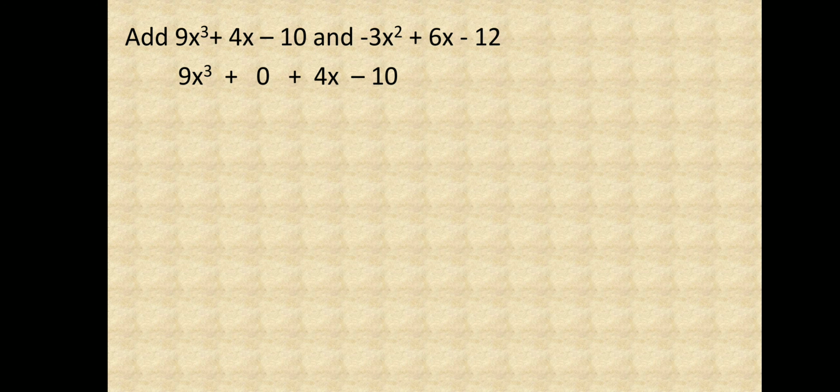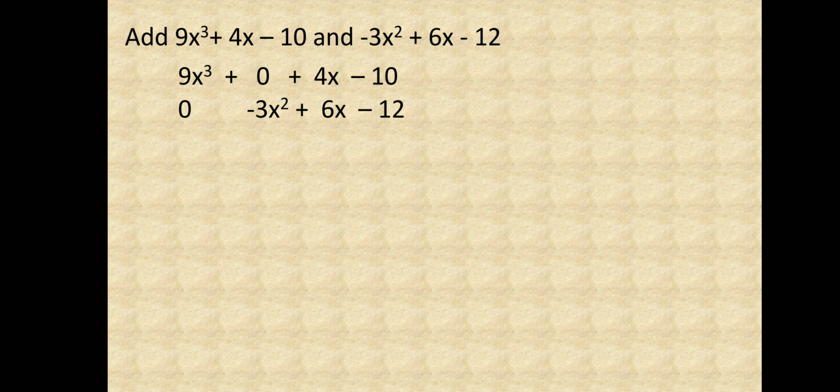First you will write 3x square plus 0, because you don't have anything to be paired with x square. So you write 0 plus 4x minus 10, and in the second row you don't have any number to be added with x cube, so you write it as 0 minus 3x square plus 6x minus 12.